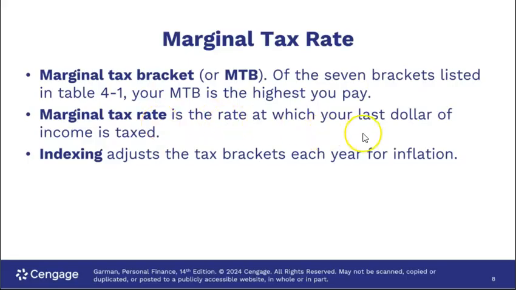Marginal tax rate, as we mentioned, is the tax rate at which your last dollar of income is taxed. And as I mentioned before, indexing adjusts the tax brackets each year to adjust for inflation. So next lecture we'll start with calculating taxes.